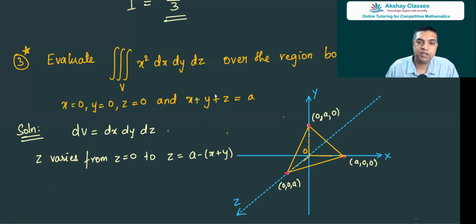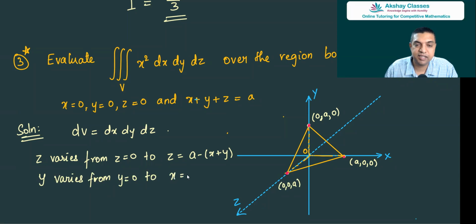So neglect z, then y varies along this strip we have taken, from 0 to x. Now y will vary from y equal to 0 to y equal to a minus x.